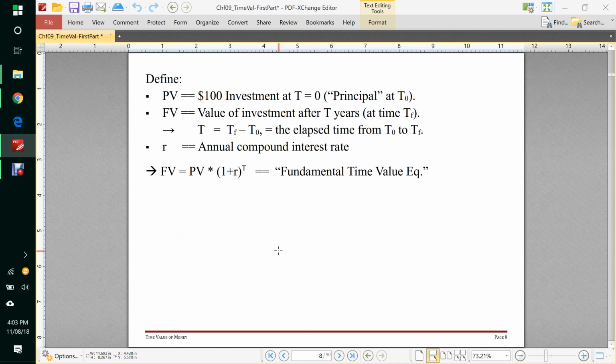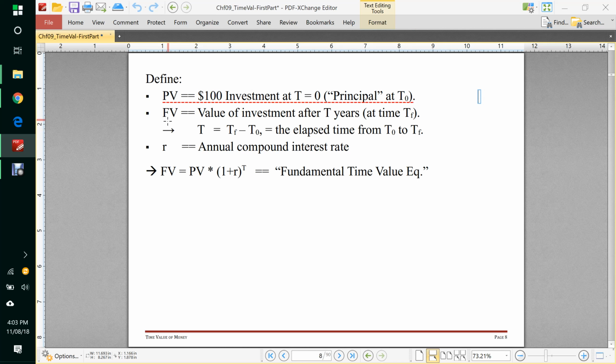So let's just start assigning some algebraic variables to what we've got on the previous page and see what we can come up with. Let's say that present value is equal to our initial investment amount. We can call that the principal at t equals 0. And we're always going to be starting projects at t equals 0.